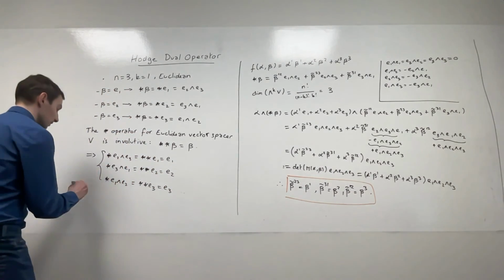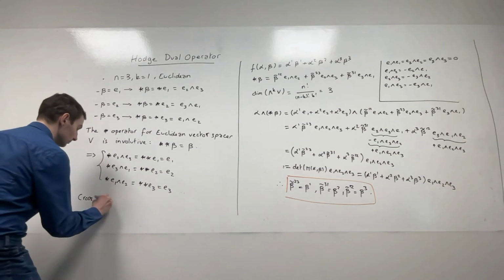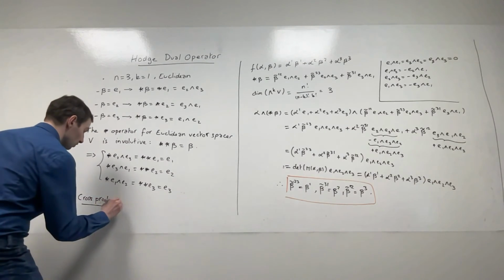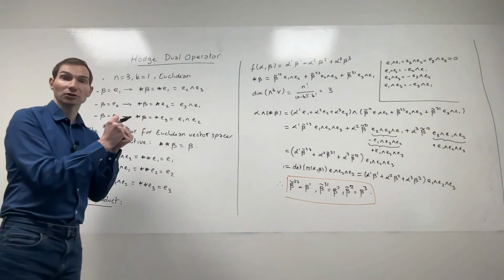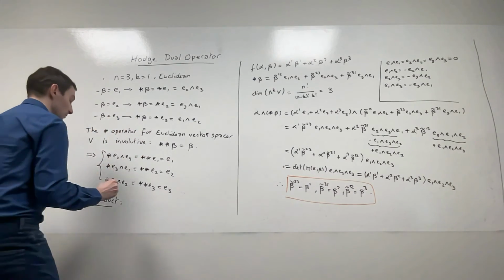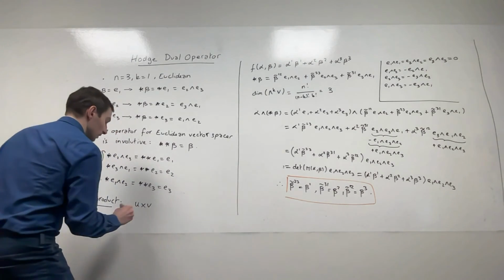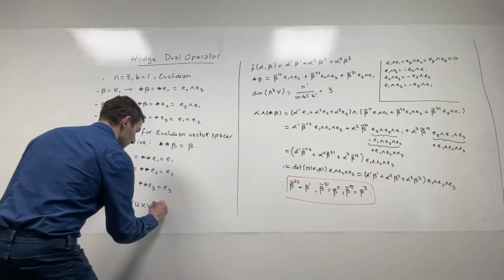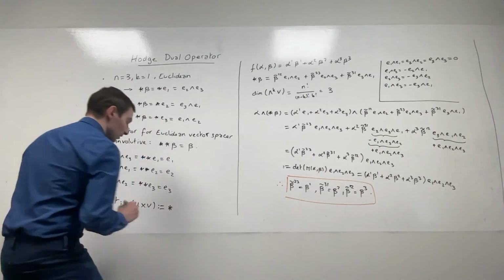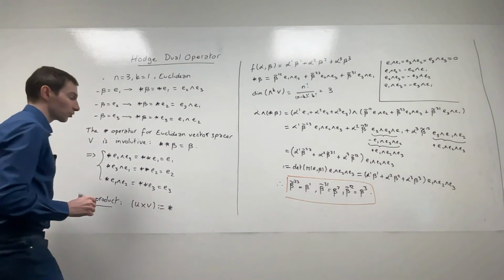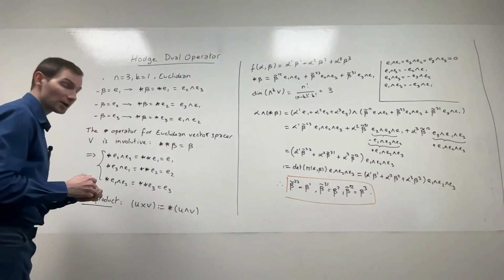The cross product is therefore definable as an actual product between two vectors, so between any u and v, basically can be defined as being the Hodge dual operator of u wedge v. Okay, and that's how it's actually defined.